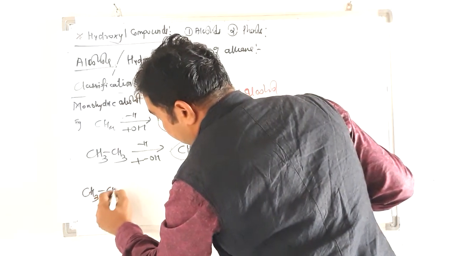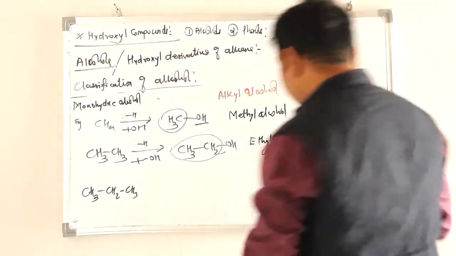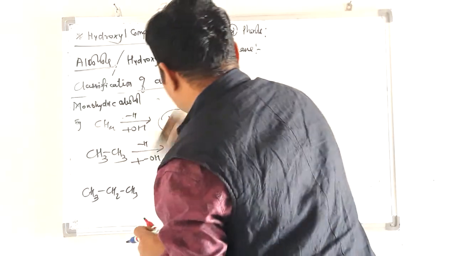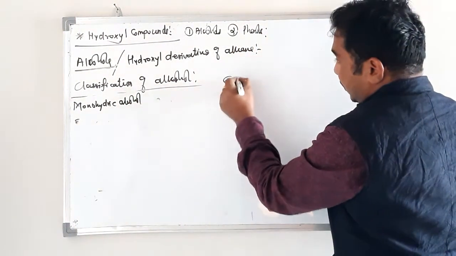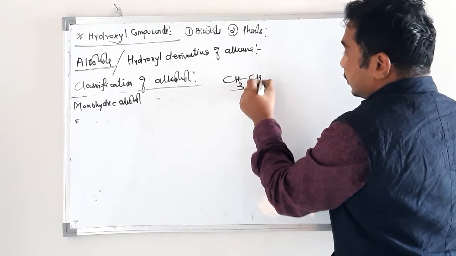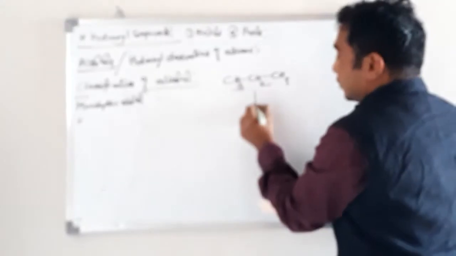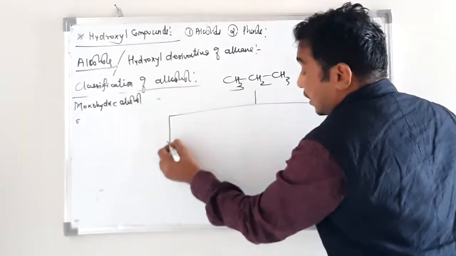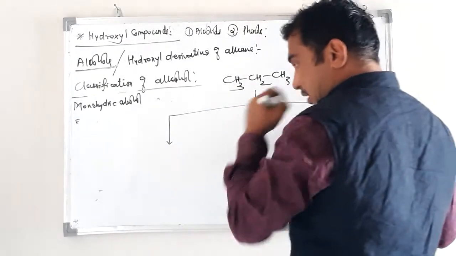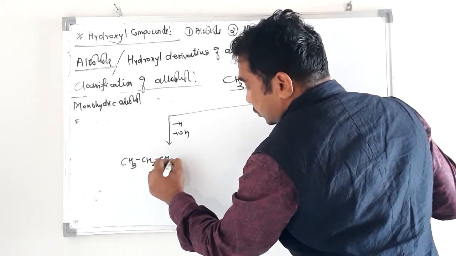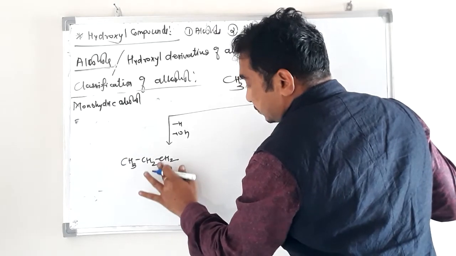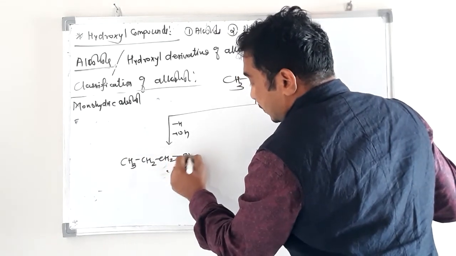Then propane, CH3CH2CH3. From propane we get two alkyl groups. For example, CH3CH2CH3. Remove a terminal hydrogen from carbon, minus H plus OH. Then CH3CH2CH2OH.